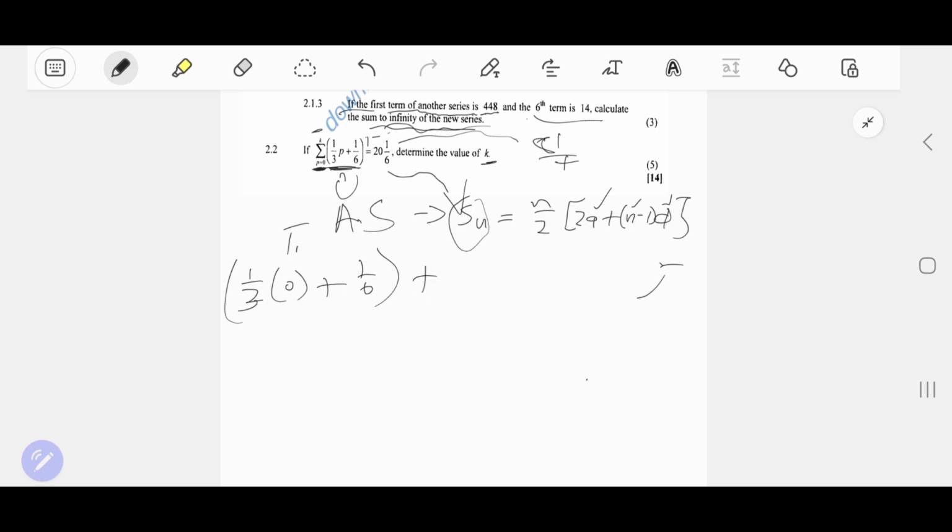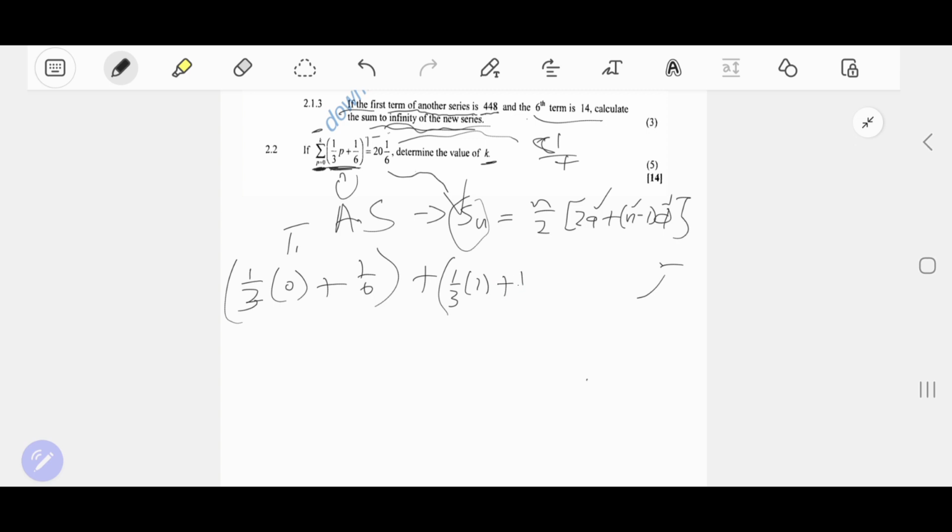And then plus 1/3 times, when you substitute, the number that follows. The bottom number is 0, and then we increase by 1, so the next number is 1, then 2, then 3.